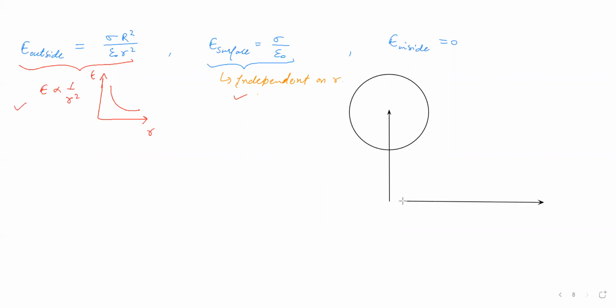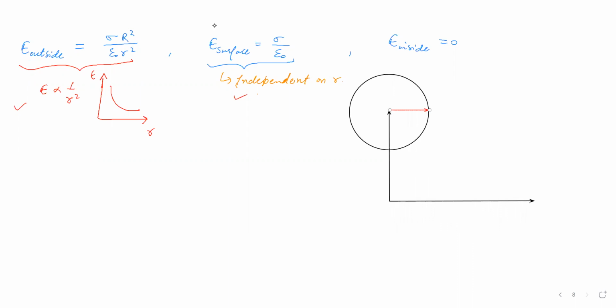Sorry, this is your y-axis and this one is the x-axis. Are you understanding it? We are taking here, the radius is r.